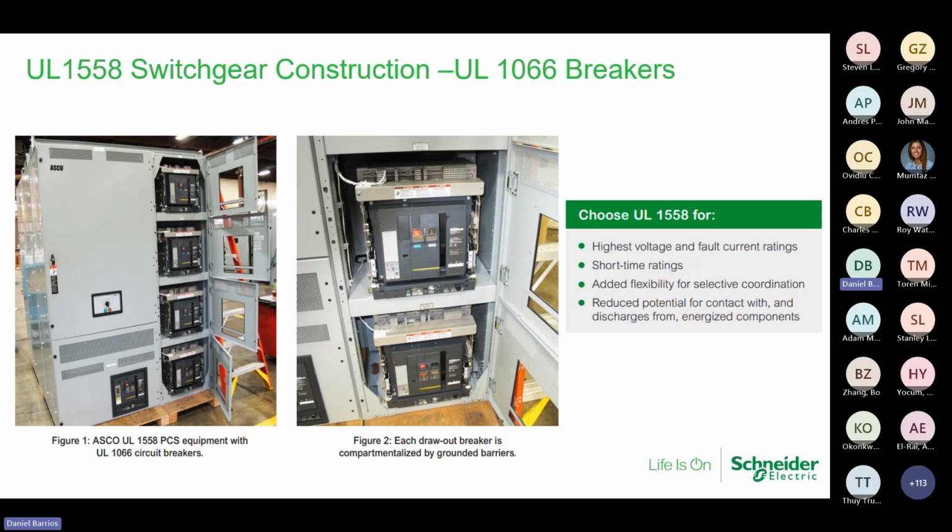Selective coordination can be something that we want to discuss with you not only in the paralleling switchgear, but just as a side caveat, we would like to discuss that with you when you're looking at withstand and close-on ratings and the time that a transfer switch downstream needs to be able to survive that fault.